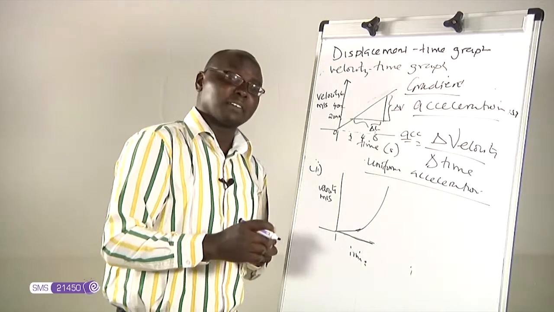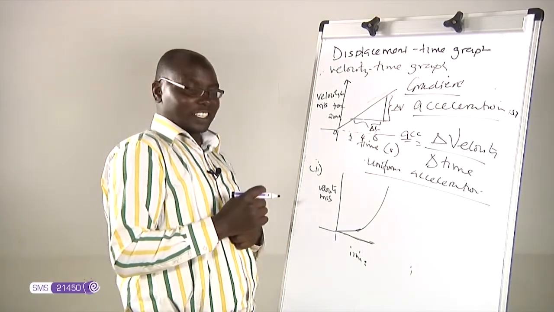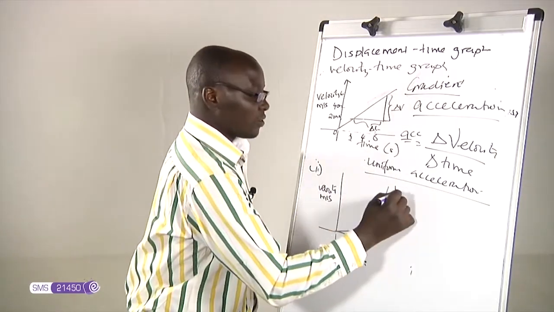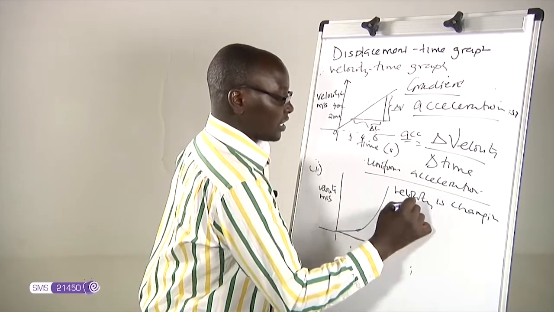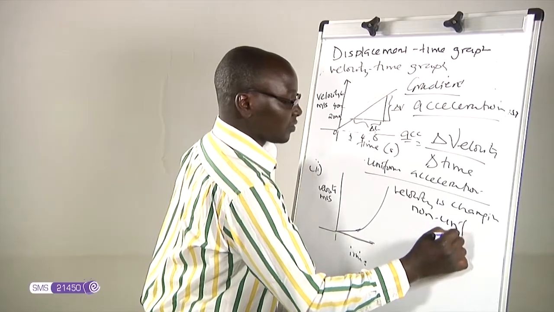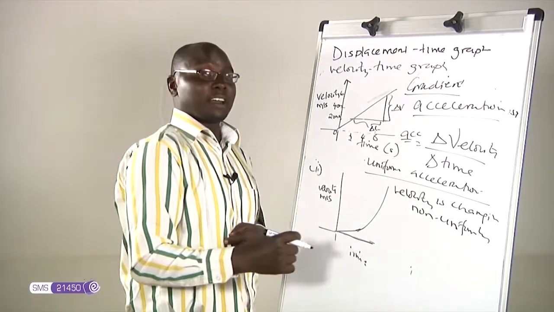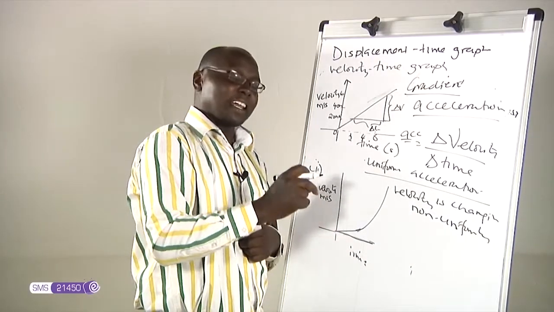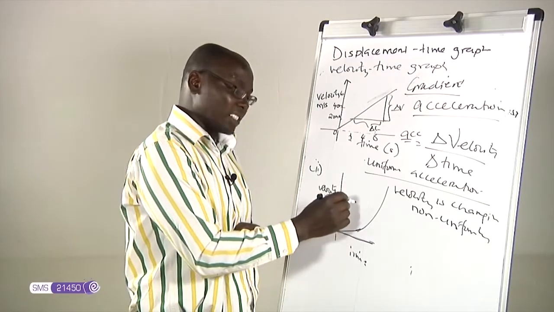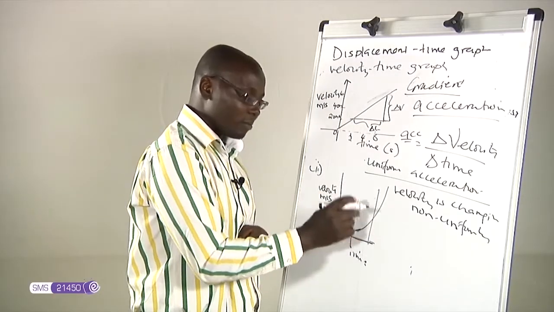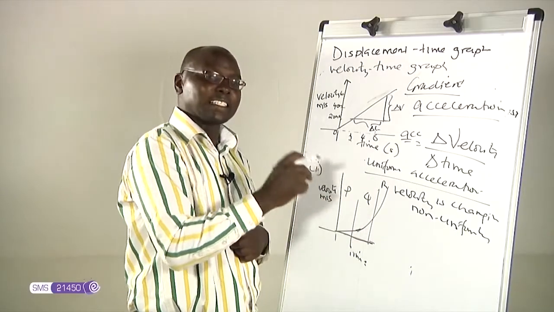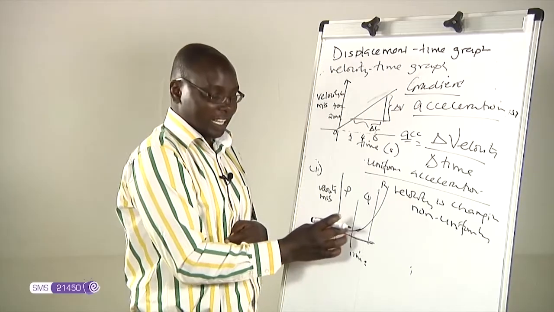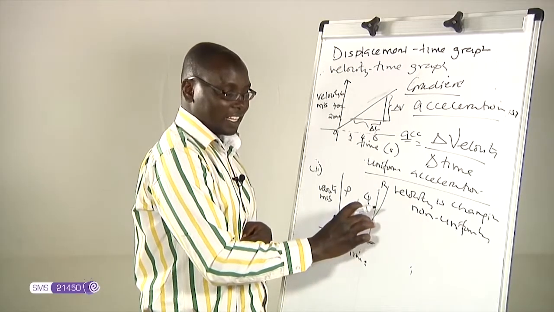For the velocity time graph, the gradient gives us the acceleration. Because the velocity is changing non-uniformly, it means the acceleration is non-uniform: the acceleration of the body at this point is different from regions P, Q, and R, because the gradient is giving us the acceleration. So the acceleration here is different from here and different from here.